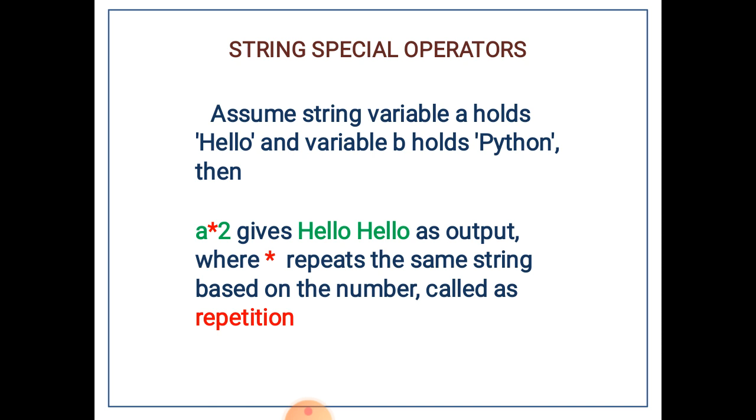If you give b into 2, then it gives Python Python as output. Remember that star repeats the same string based on the number given on its right side. Plus is called the concatenation operator. Star is called the repetition operator.